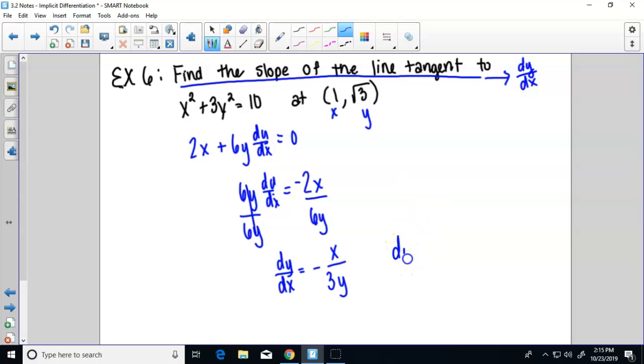So we'll have dy over dx, and then we'll put this line right here, which means such that, and we'll say x, y equals 1, square root of 3, down here at the bottom of that line. And so in this case it will be negative 1 over 3 square root of 3.